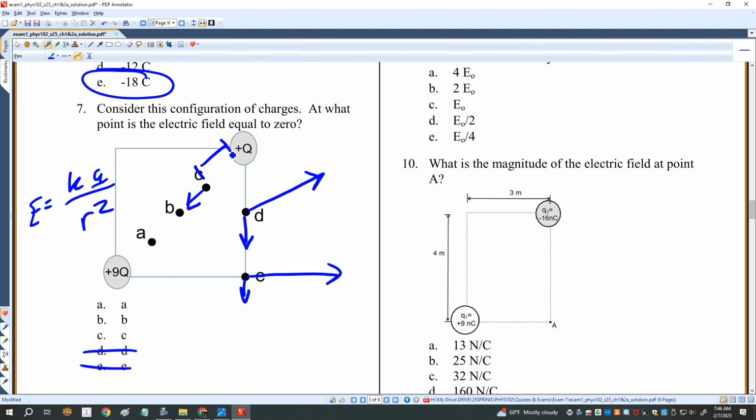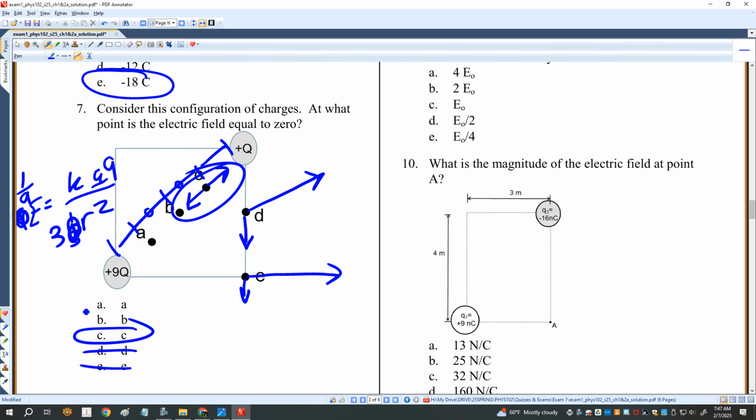Notice this distance is 1/3 the distance to the 9q charge. That means the distance to the 9q charge is 3 times as far, so I have 1/9 the electric field. But I have 9 times the charge, so it cancels out and gives me two electric fields that are equal and opposite. So C is the right answer for 7.